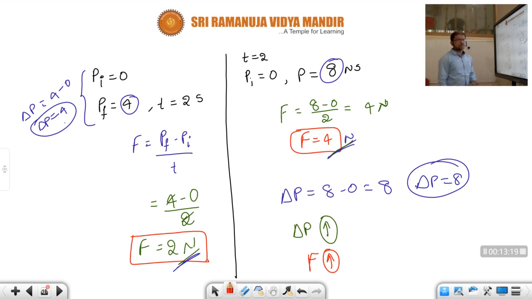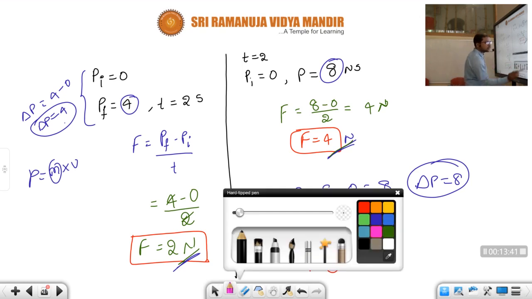And one more point, children. When the momentum of that particular object increases, at what condition? Here we know that momentum is equal to mass into velocity. Mass is anyway constant, children. I am not changing even the mass.